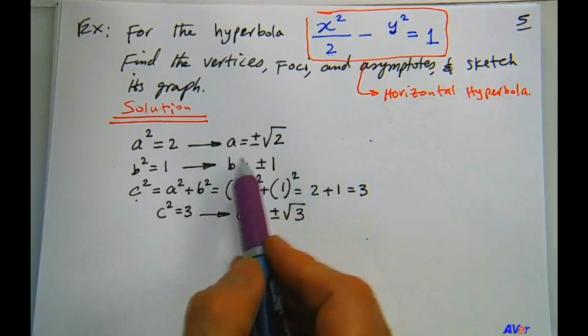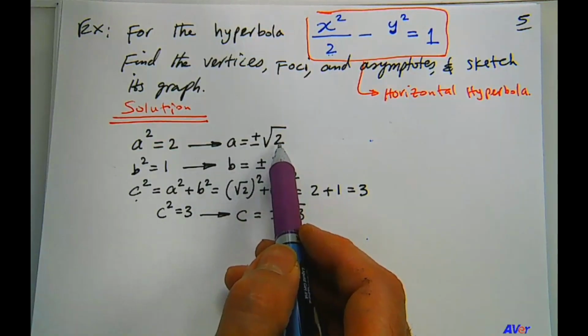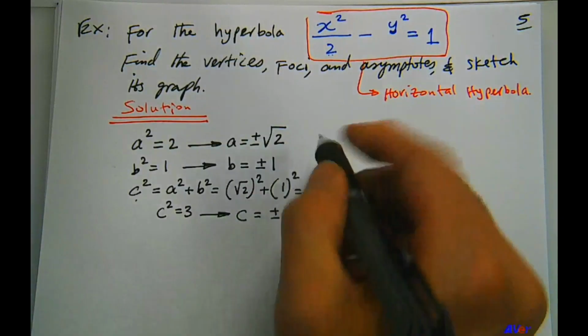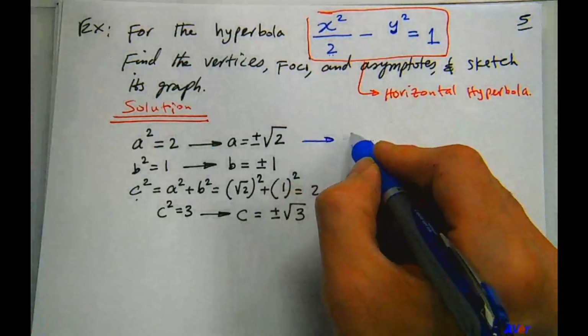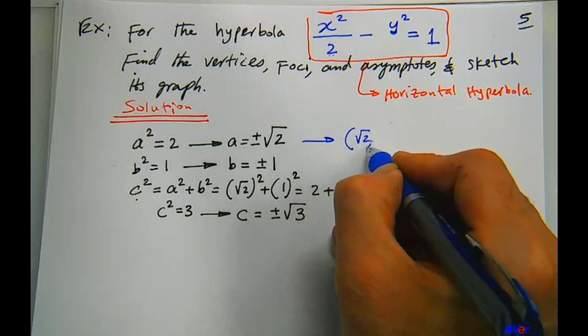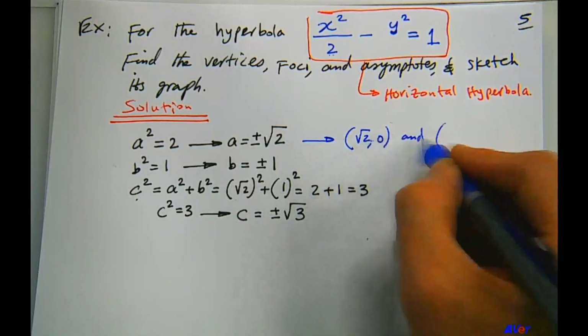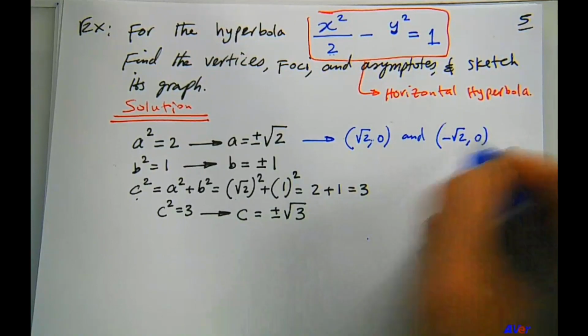So these vertices, plus or minus square root of 2, are along the horizontal axis. So we have square root of 2 comma 0, and minus square root of 2 comma 0.